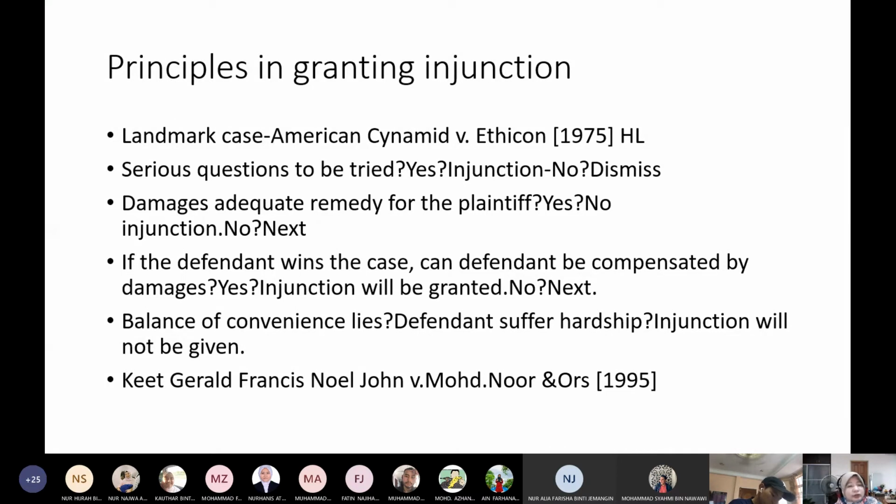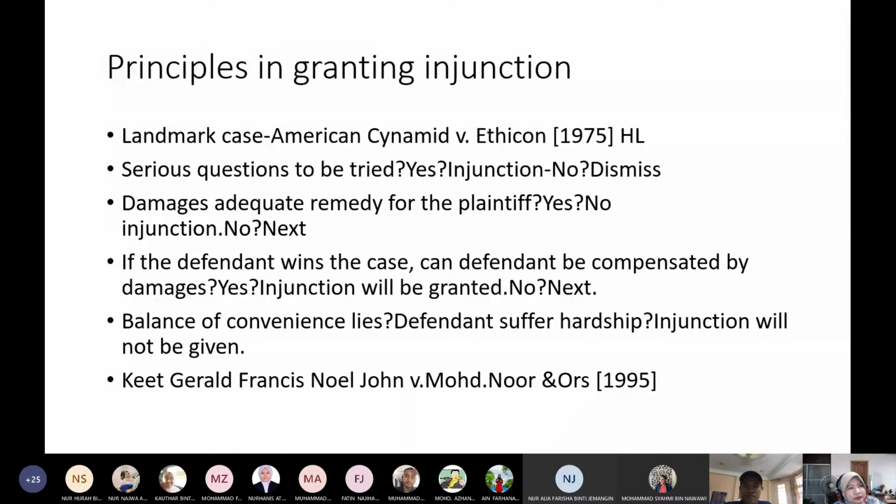Don't just say serious question. You must put your point. Let's say you have a battle over custody of children. You're saying, I still allow my ex-wife to come and visit.